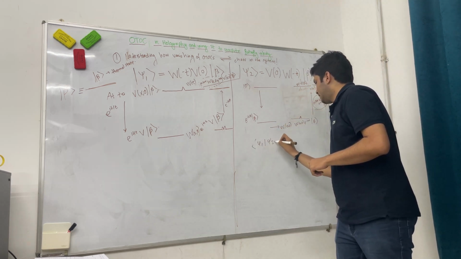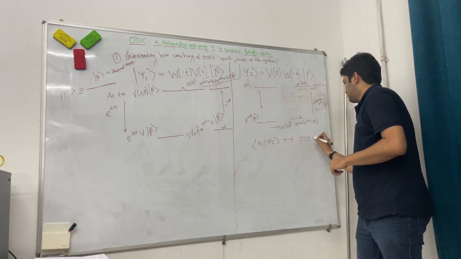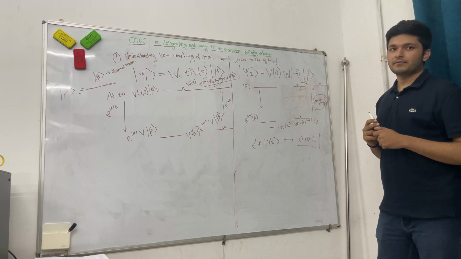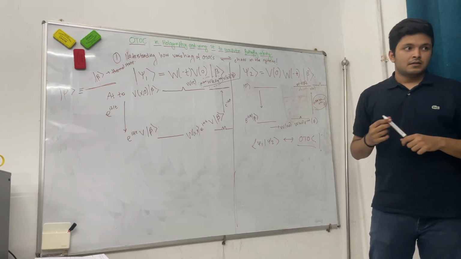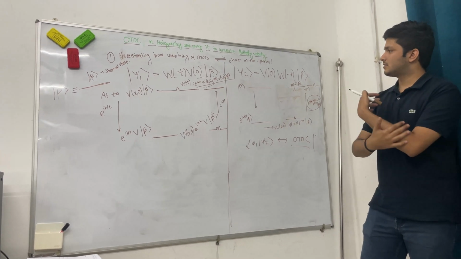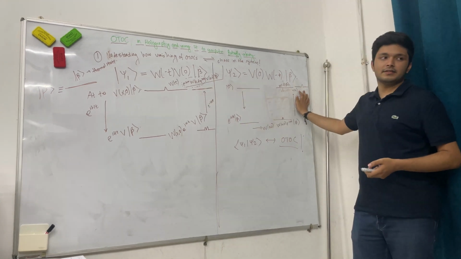And this inner product is precisely the OTOC, the inner product of Psi 1 and Psi 2. Inner product vanishes means they are orthogonal, like there is no overlap. This state is completely different from this state.